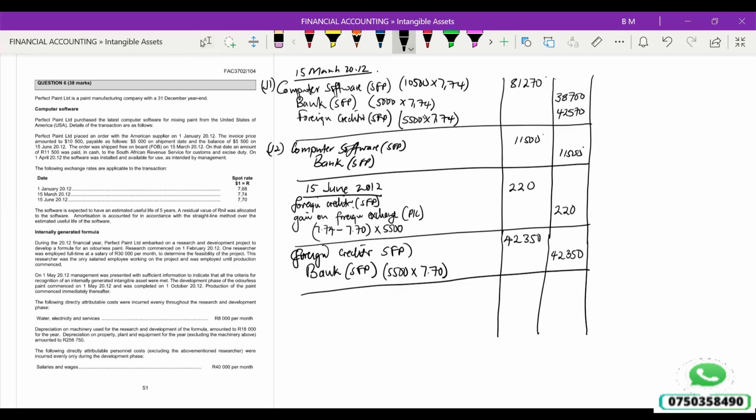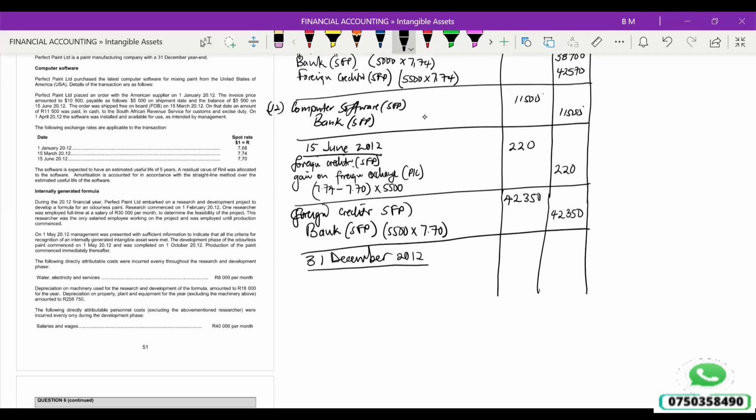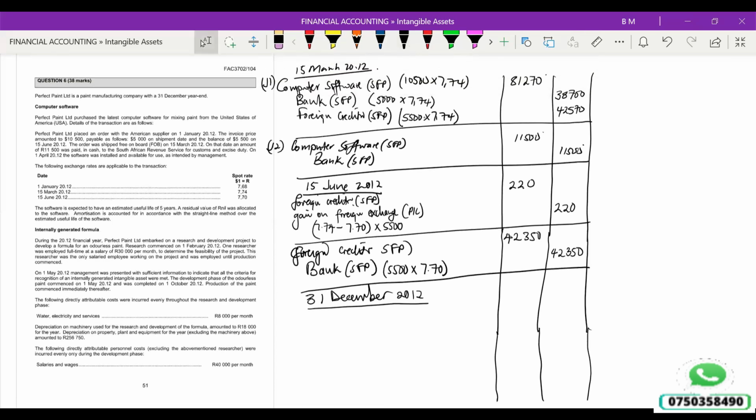We'll calculate it on the 31st of December. Because remember, 1st of April is the date that it was available for use, so there was no depreciation yet. Rather, there was no amortization. We calculate it at year end. Depreciation, amortization, always at year end.